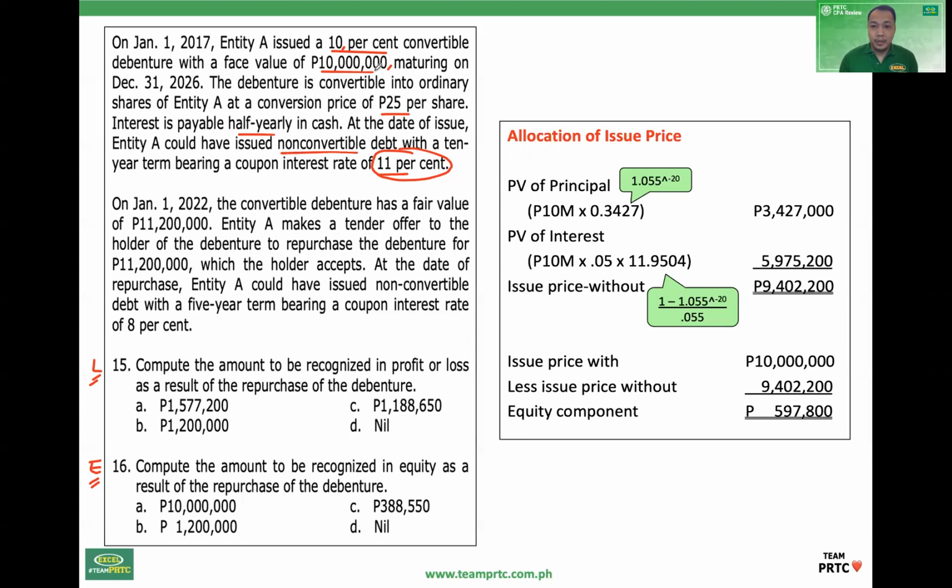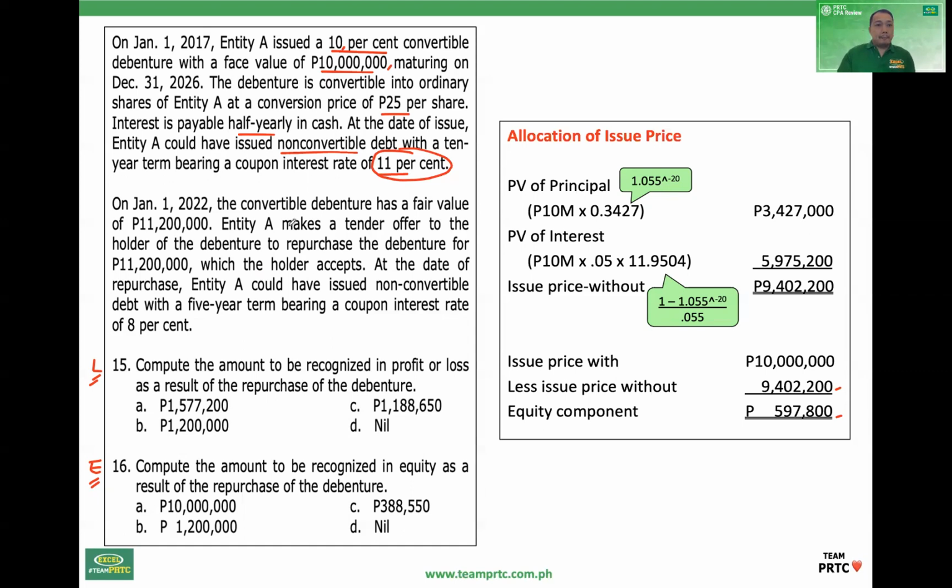Okay, so kasi nga, kung without, ito lang ang issue price. So, ito yung equity component. Okay, so since effectively issued yan at a discount, ito na rin ang effective rate. So, walang transaction cost. Again, mako-complicate na naman yan kung may transaction cost. Kasi pati yung transaction cost, kailangan i-allocate sa liability and equity. Okay, so again, dahil walang transaction cost, ito na rin ang effective rate. 5.5%.